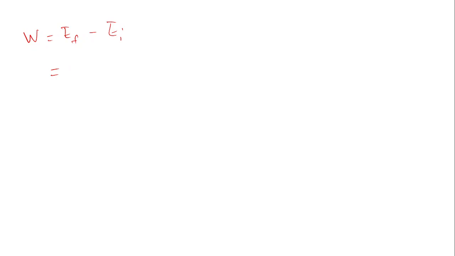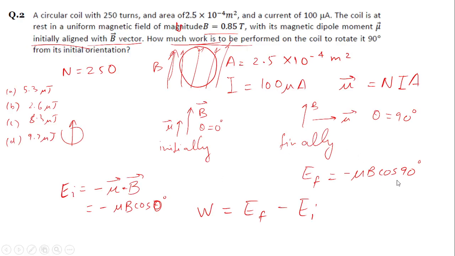So this is minus mu B cos 90 degree. We know cos 90 degree is 0, and cos 0 degree is 1.